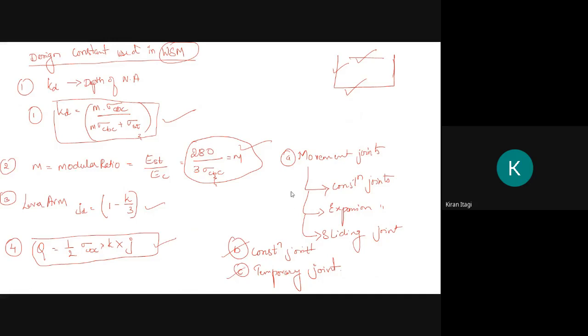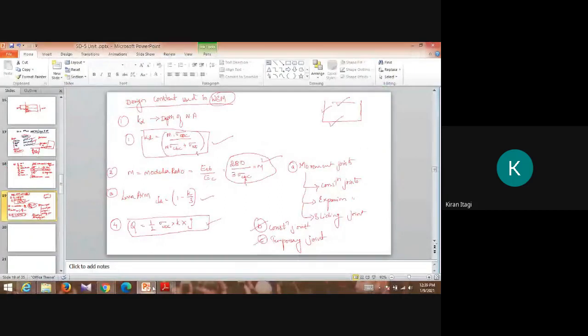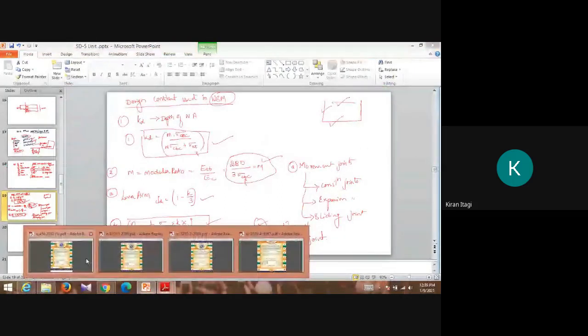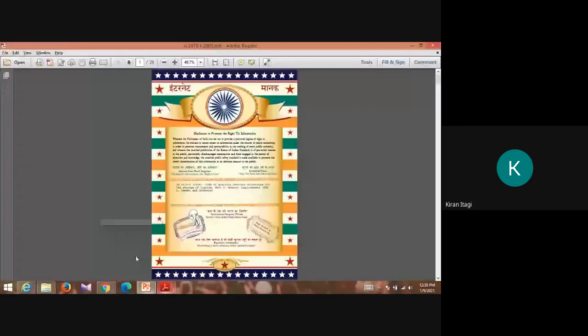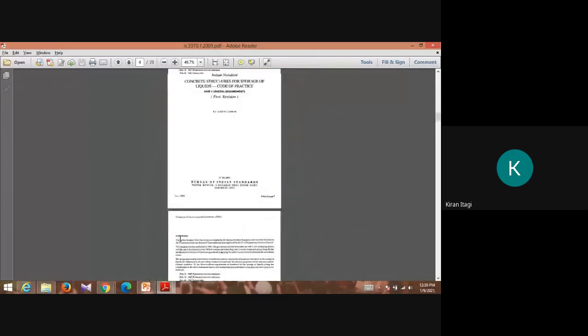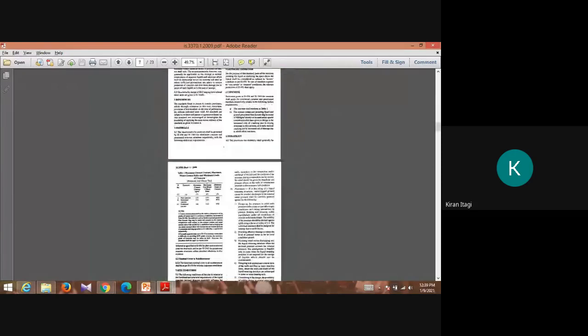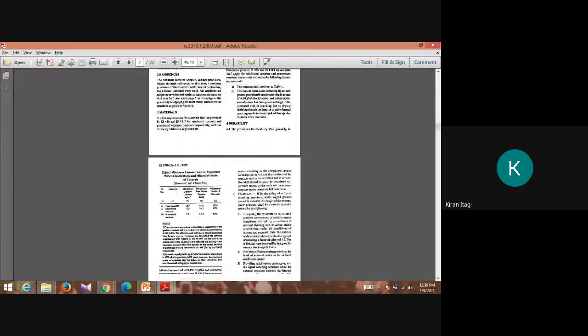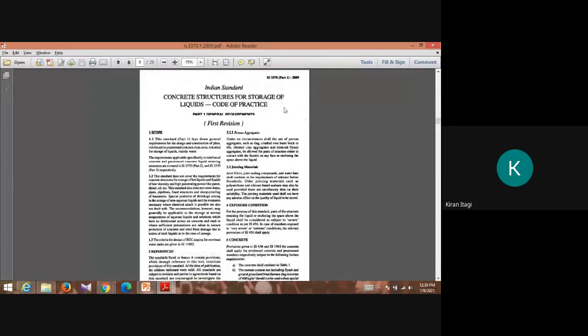If the mode of your examination is offline, then it is given in the code book, that too in Part 1. This is Part 1, IS 3370 Part 1 2000, which gives the code of practice for concrete structures for the storage of liquids.